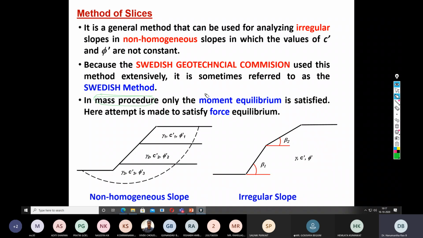And when the slope is for a particular purpose, for example, if you look at a canal, there is a problem called sudden drawdown. If you look at a reservoir, this kind of drawdown rarely occurs, but the bonding of water is forever. So it is a constant. That means you can anticipate a constant amount of seepage.